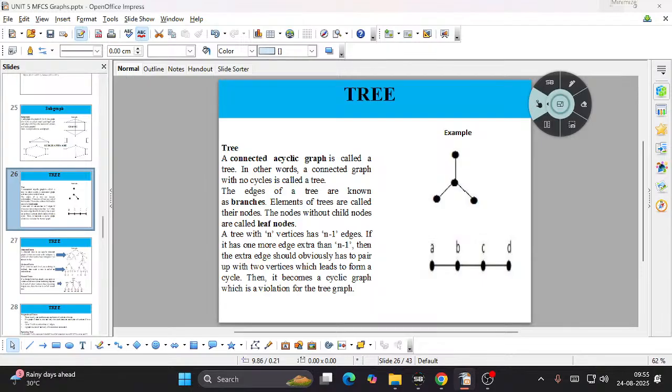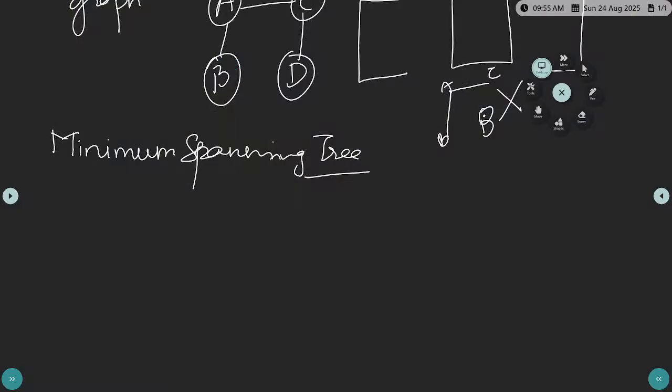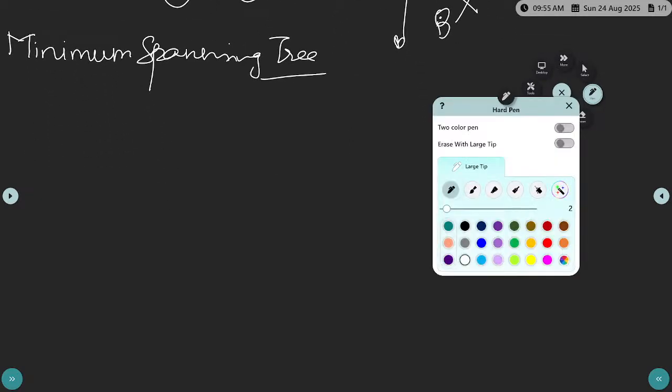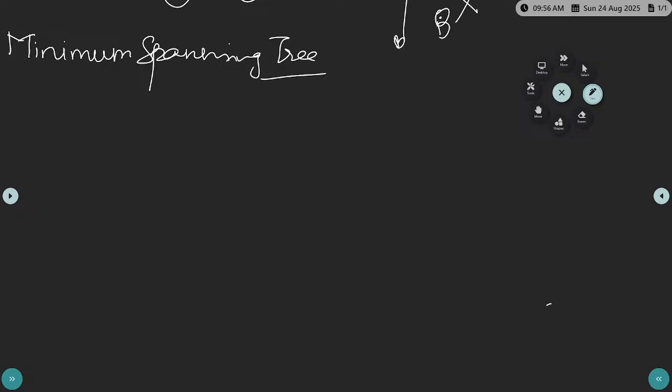Example, write down, construct a minimum spanning tree for the following graph.